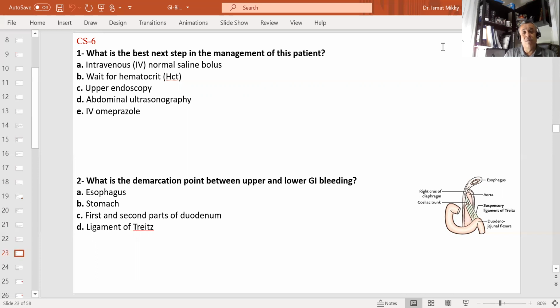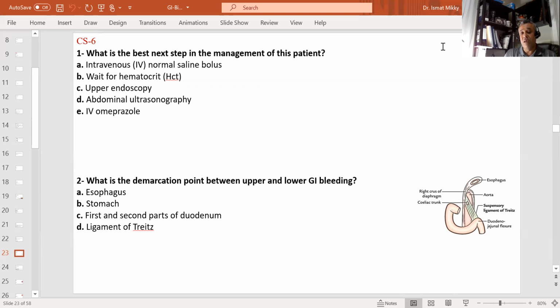First of all, the most common cause of death in gastrointestinal bleeding, we said, is myocardial ischemia. That's why we always have to make sure that we request an EKG, given this risk or complication.